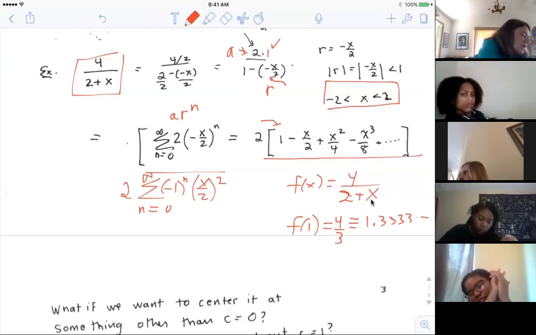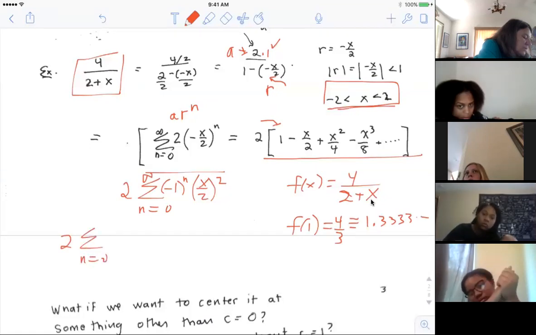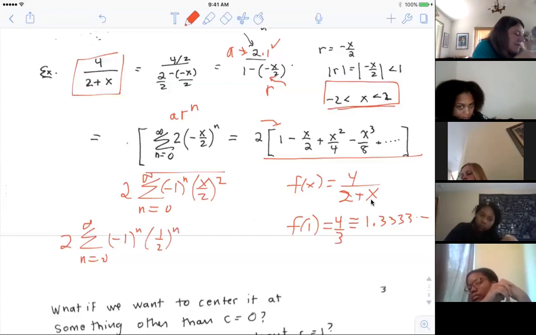This is a series representation of that. If I let x be 1, because it's valid between minus 1 and 1, so if I were to put 1 in here, 2 times the sum n equals 0 to infinity of minus 1 to the nth times 1/2 to the nth. If you started looking at all the terms, for instance, here are some of the terms right here. I pulled the 2 out.